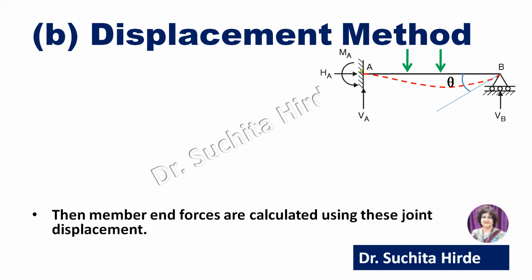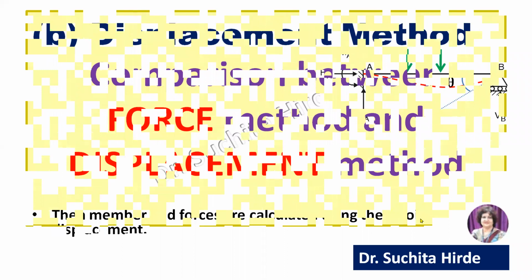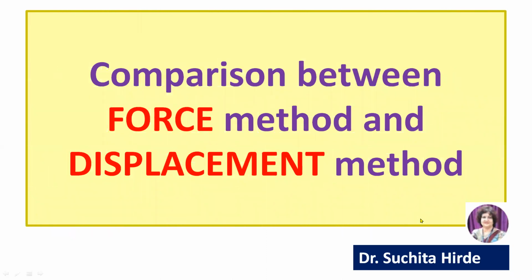And finally, we get the values of bending moment at various locations, and then we draw the bending moment diagram. I hope from the discussion so far, you have understood the meaning of force method and displacement method. Now we will study the comparison between force method and displacement method.